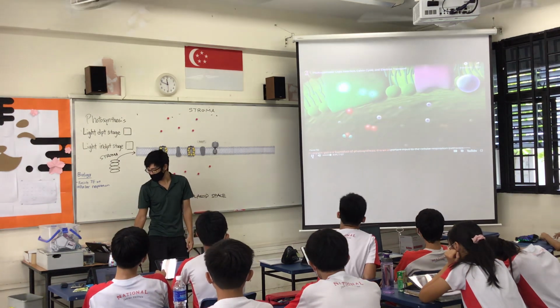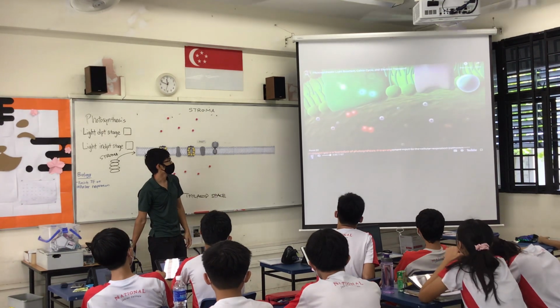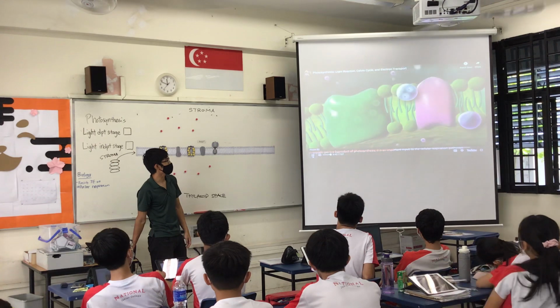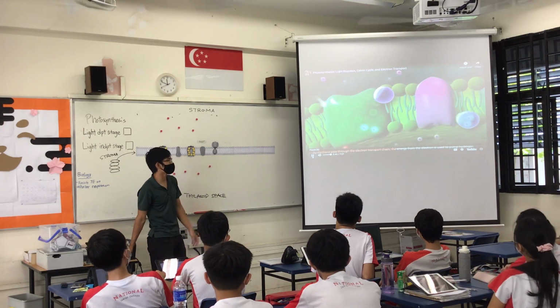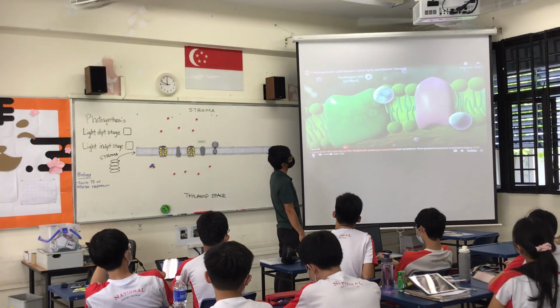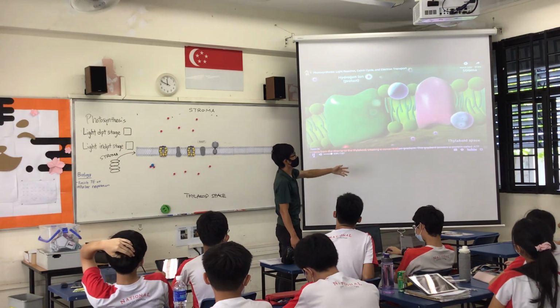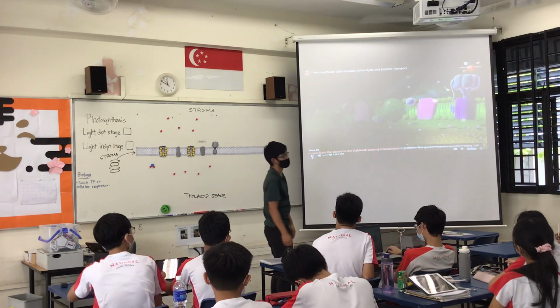Let's watch what happens as the electrons flow down the chain. Okay, as the electrons flow down the electron transport chain, the usual stuff happens. Protons will get pumped. Except if you notice, the protons are being pumped from the outside in. It's being pumped from the stroma into the thylakoid space.